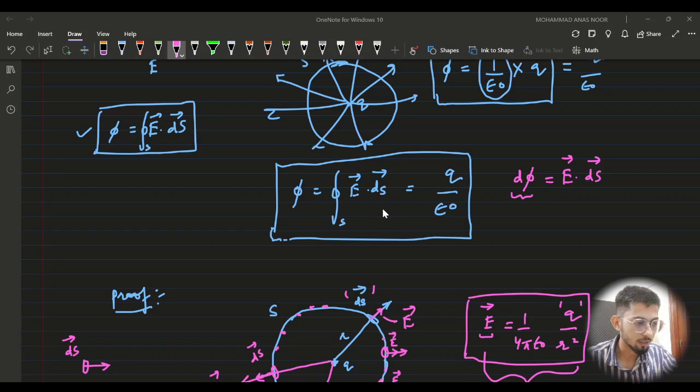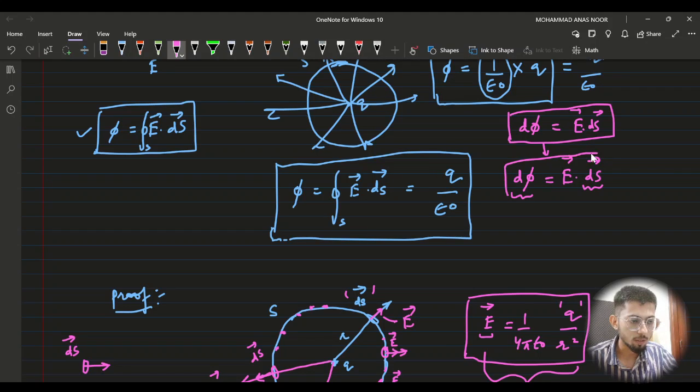The small flux due to the small surface. That would be d phi, because phi is generally E dot s, and if this is small then it will be ds. So d phi is E dot ds.